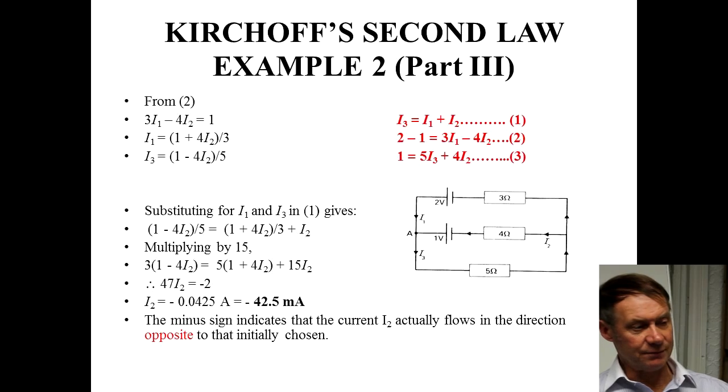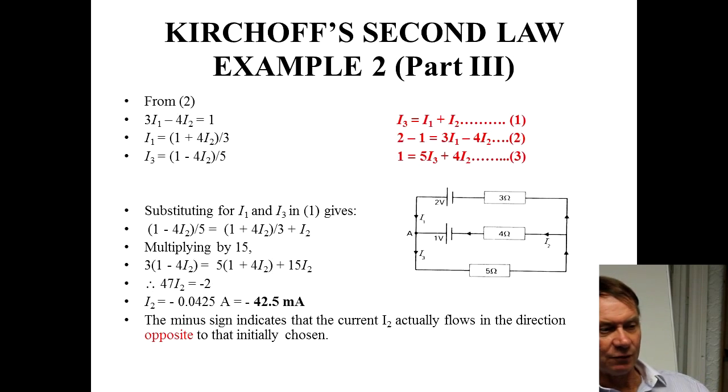We have three unknowns, so we need three equations simultaneously to solve them. So from 2, 3I1 minus 4I2 is equal to 1. So I1 is 1 plus 4I2 divided by 3, and I3 is 1 minus 4I2 over 5.